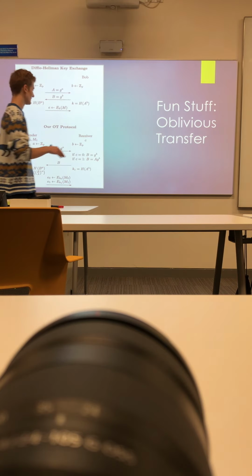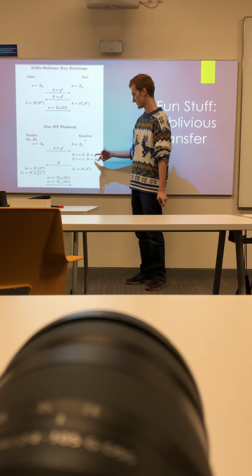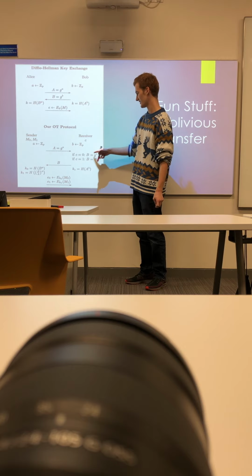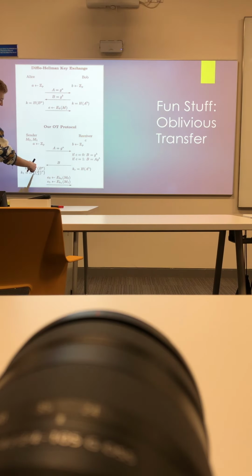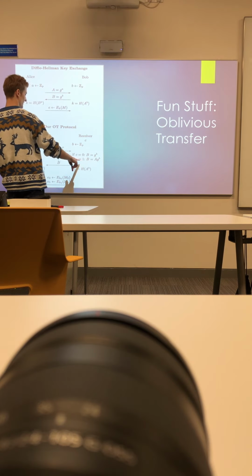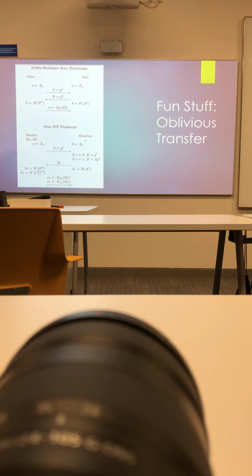If Evan chose 0, then the first will come out to be the actual key to the encryption. However, if Evan chose 1, then the second will be the key to the encryption.